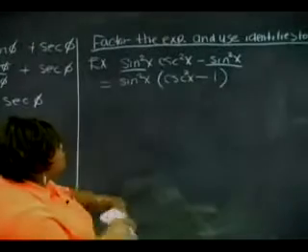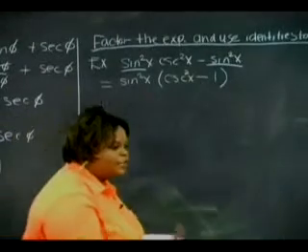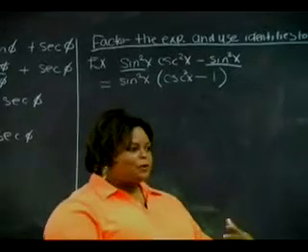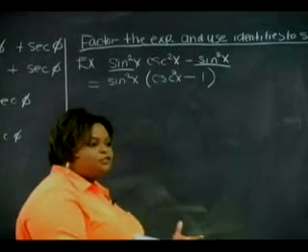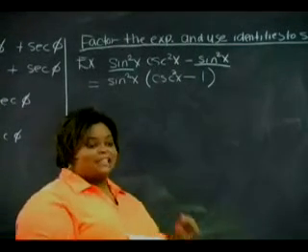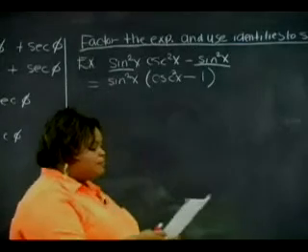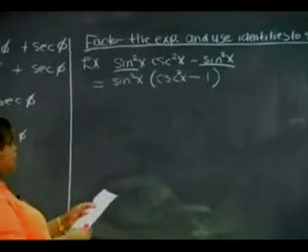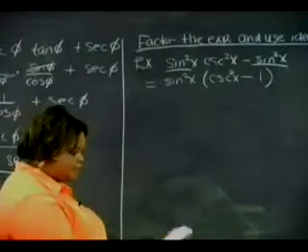Whenever we see cosecant squared and a 1, or sine squared and a 1, or tangent squared and a 1, that's an indication that we may need to use one of the Pythagorean identities. So what Pythagorean identity do we have dealing with cosecant squared x?